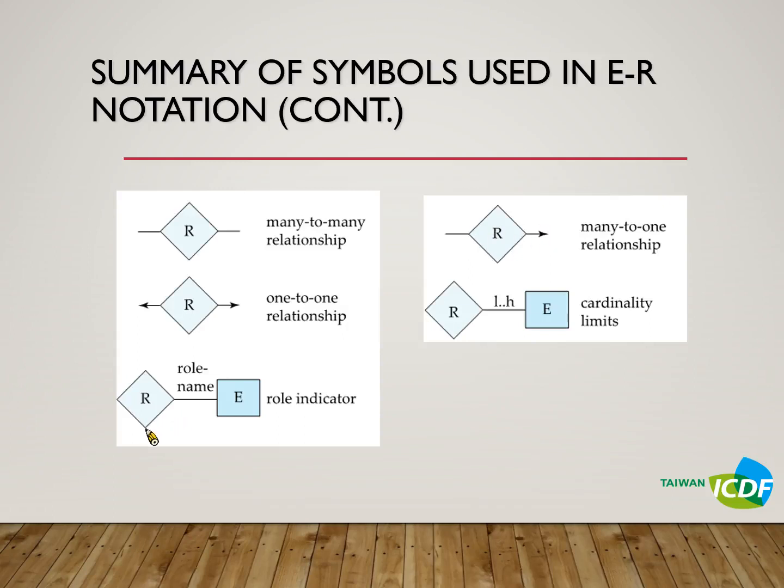And under some special circumstances, we can indicate the role names on the lines between relationship sets and entity sets. And if needed, we can also indicate the cardinality limits on the lines between relationship sets and entity sets.